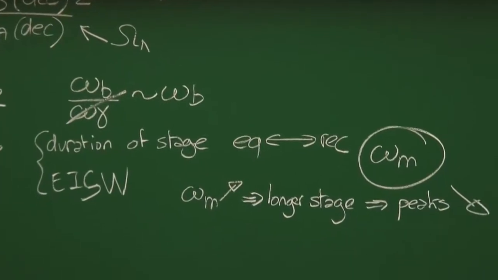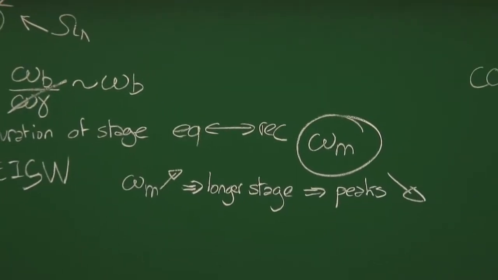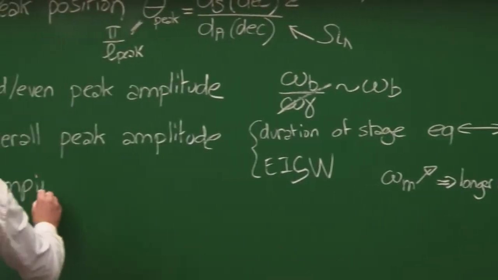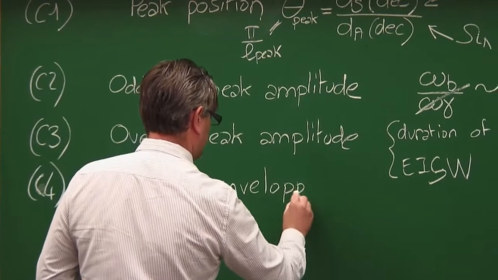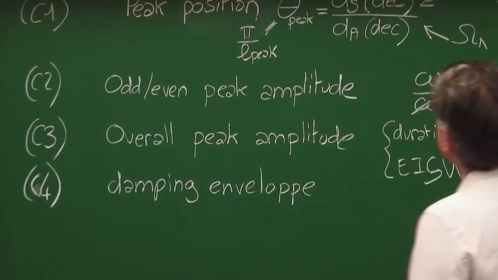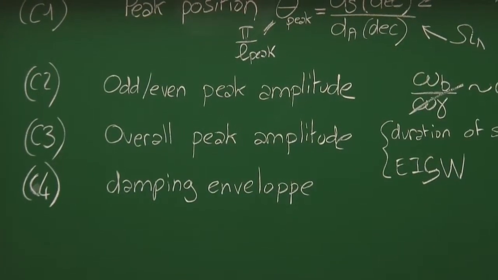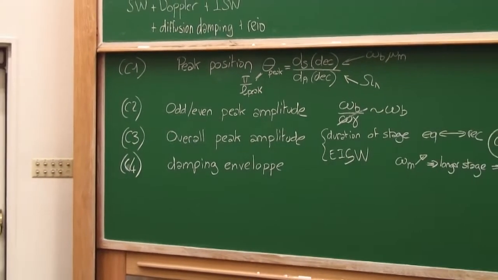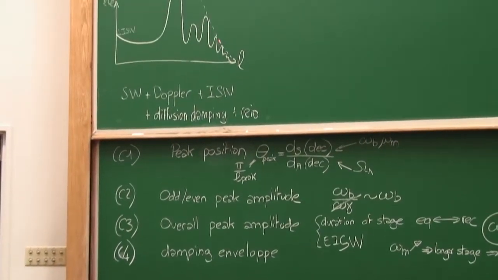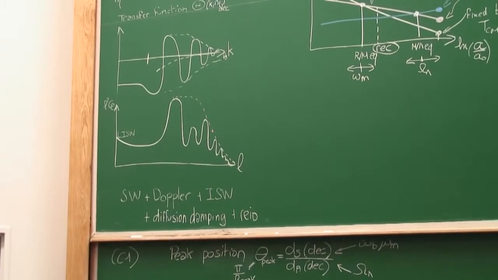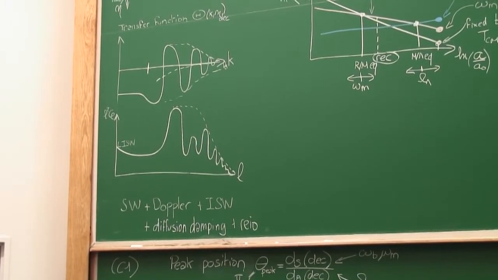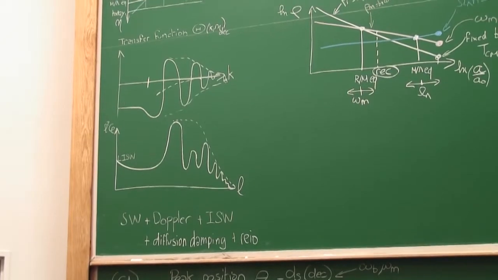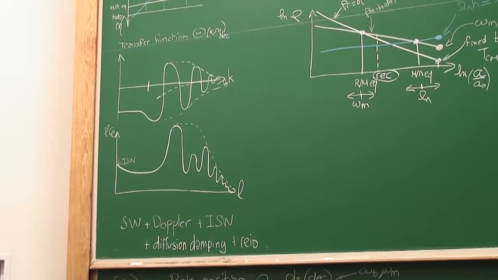C4 is the damping envelope at large L. So when you see the peaks, you can easily guess the envelope going through the maxima. Can this envelope move to the left or to the right? Yes, because it is controlled by the diffusion length at decoupling, as we said yesterday.